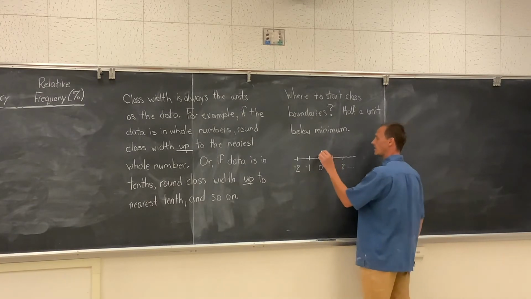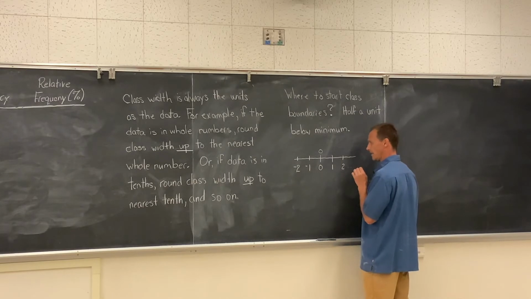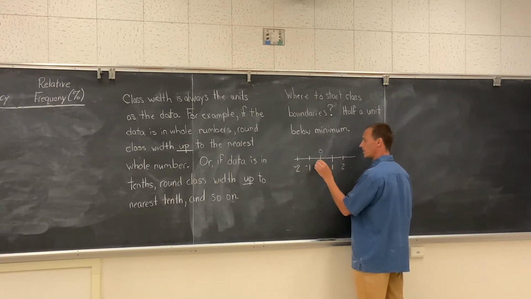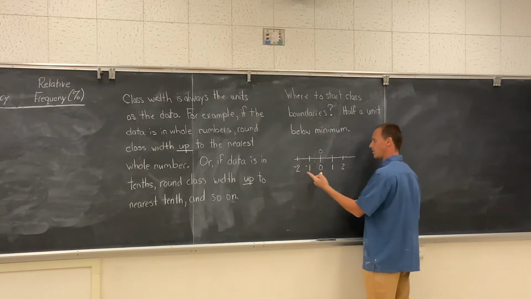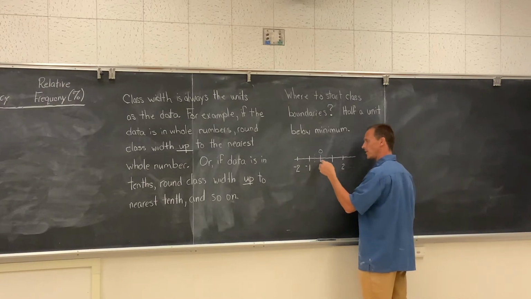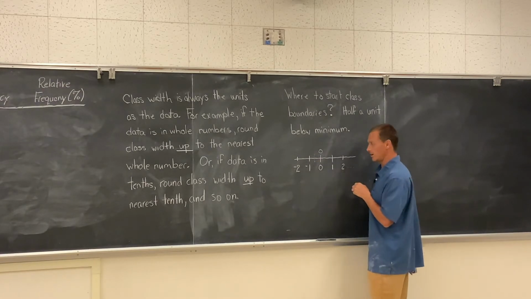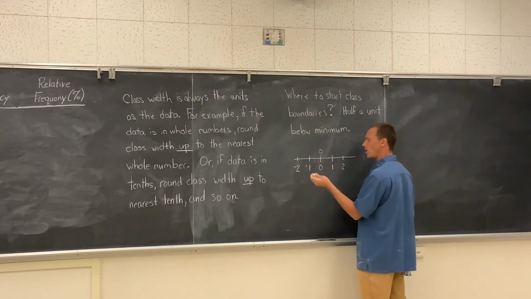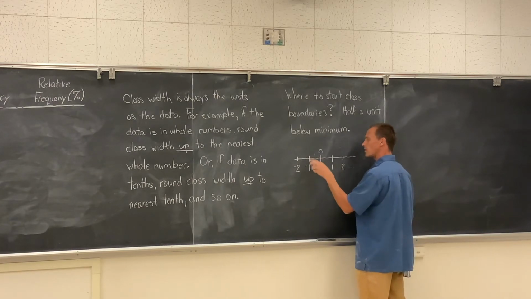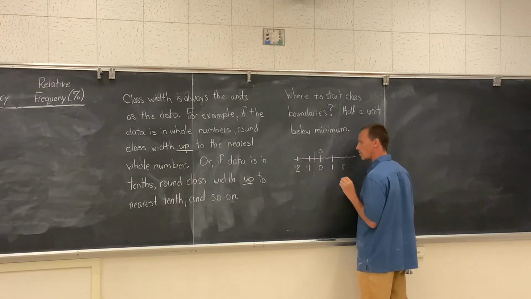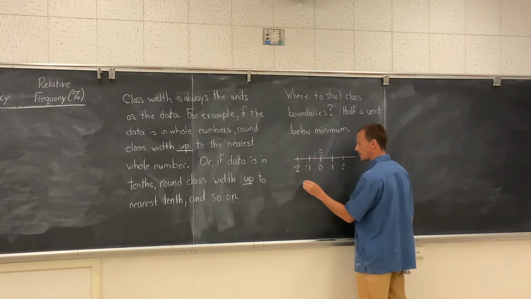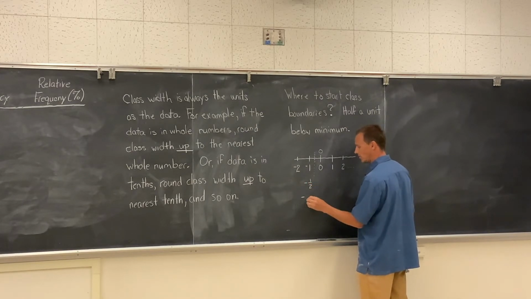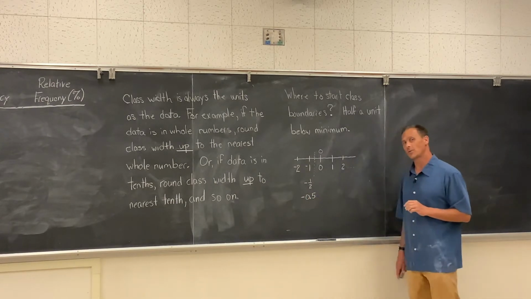So, if 0 is my smallest data value, since these are positive and negative whole numbers, I split the difference between a unit. So in this case, all of our data is in 1 units. So we're going to start right between -1 and 0. In other words, you could think of it as -1/2, or more often used in decimals, -0.5.